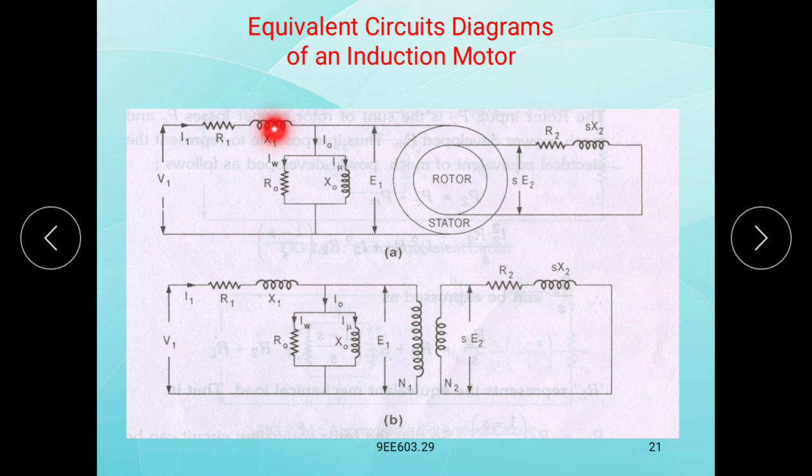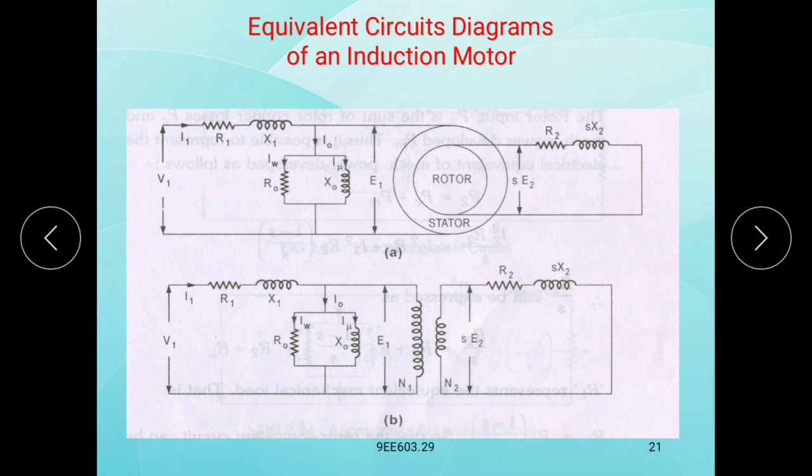The parameters are R1, X1, and R0, X0. This I0 current is divided into the Iw and Imu components. Iw is the working component of current and Imu is the magnetizing component of current.